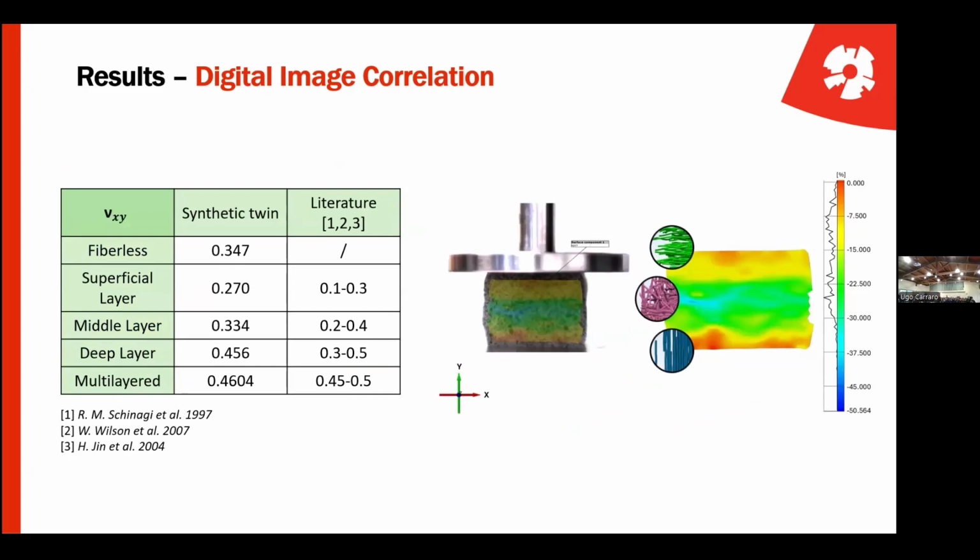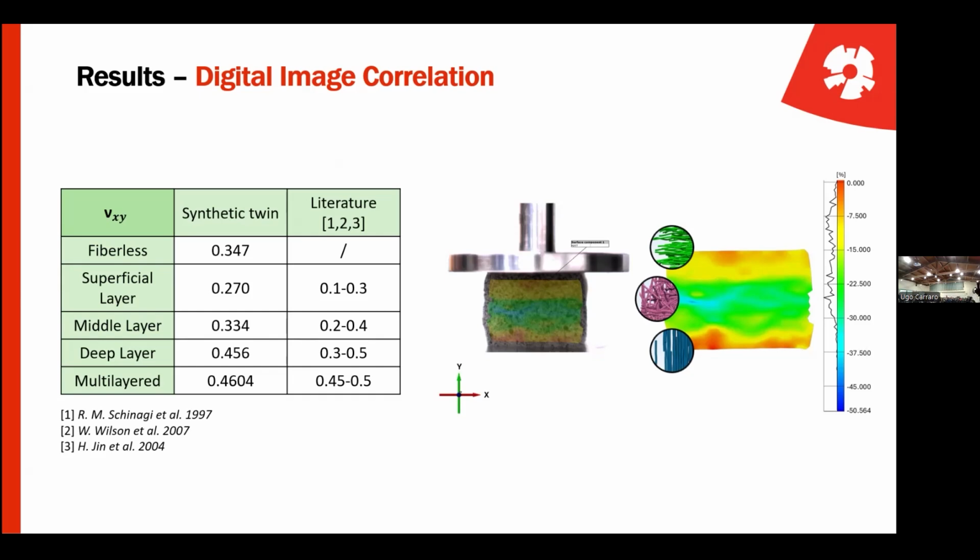And here you can also see a table with the Poisson modulus, which is a modulus based on the lateral expansion of the sample during compression. With all of them, we were able to compare ourselves with literature results present online.